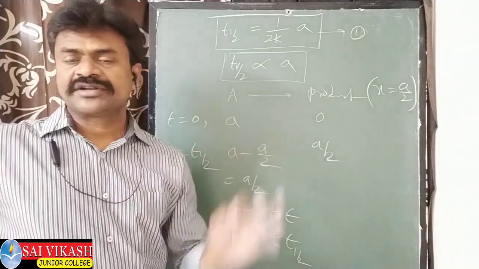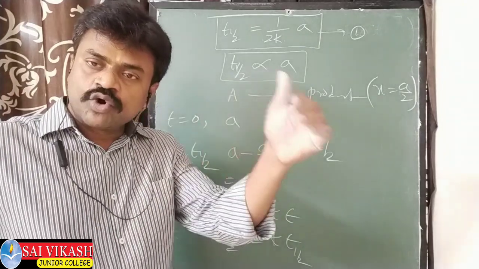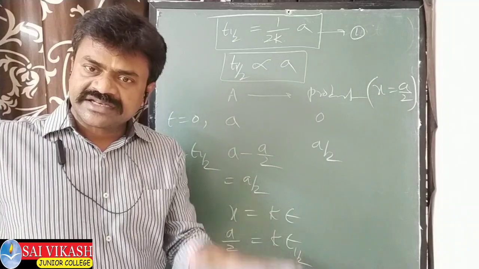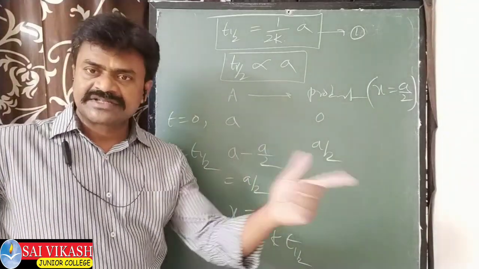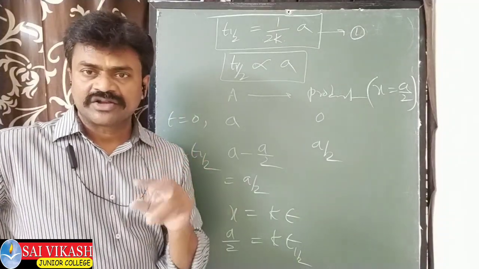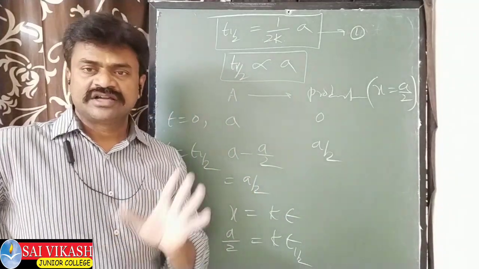This is a very important statement. If the initial concentration of reactant is more, half-life is also more. If the initial concentration of reactant is less, half-life is also less. Means it depends on the initial concentration of reactant. This is a very important point. You have to compare this point with the first order half-life also. I will tell you that first.